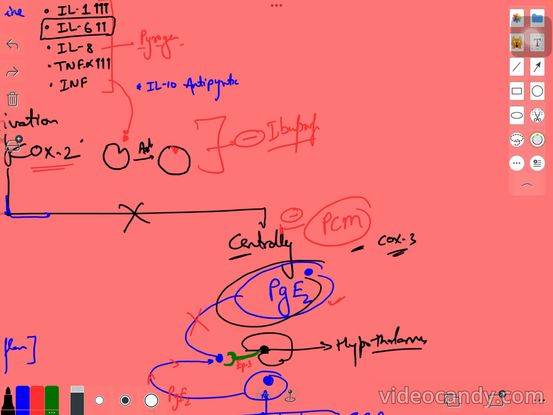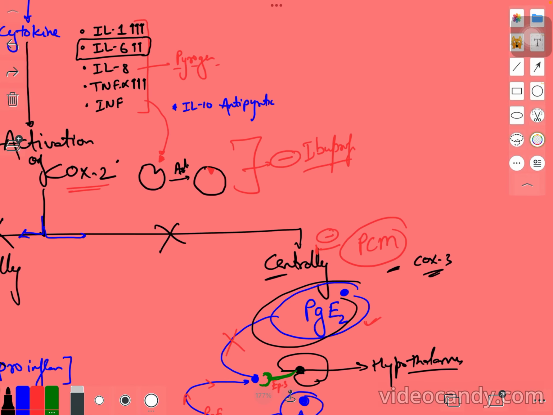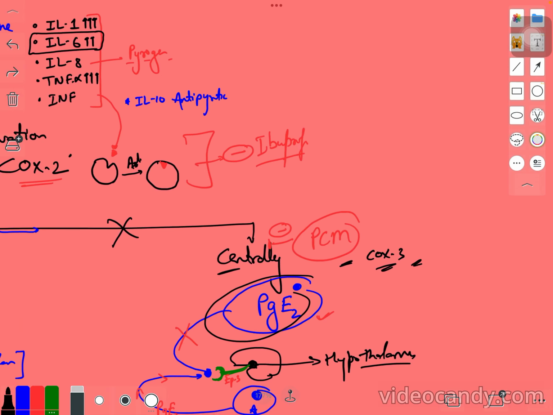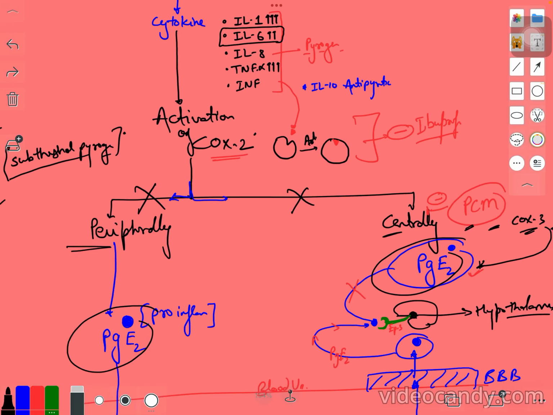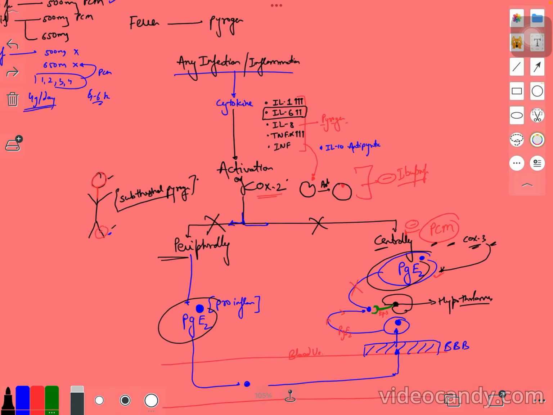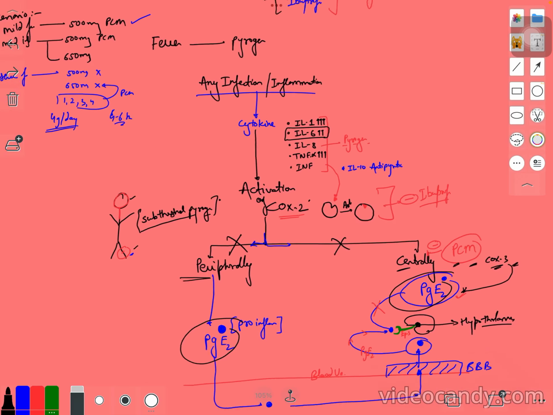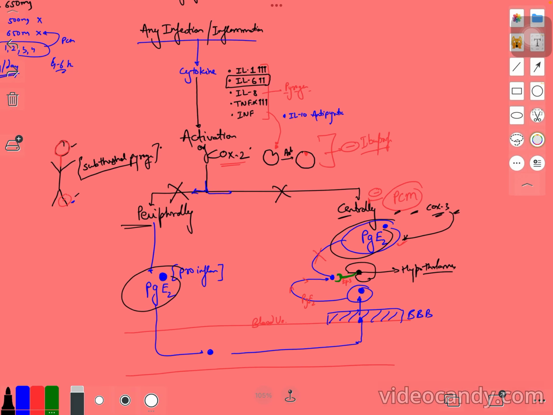However, centrally, once these cytokines reach the center, they will activate this COX3 enzyme, and this COX3 enzyme will produce this PGE2. So here the paracetamol works nicely, right? So we add the ibuprofen in the combination to take care of the periphery as well as centrally.